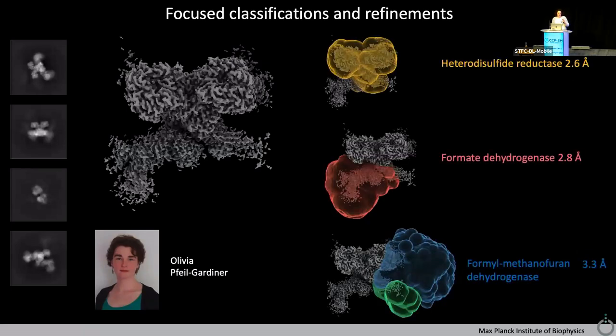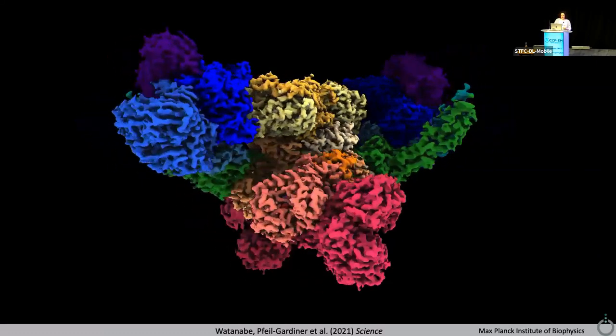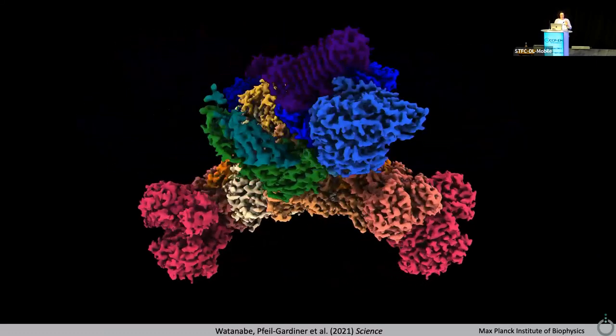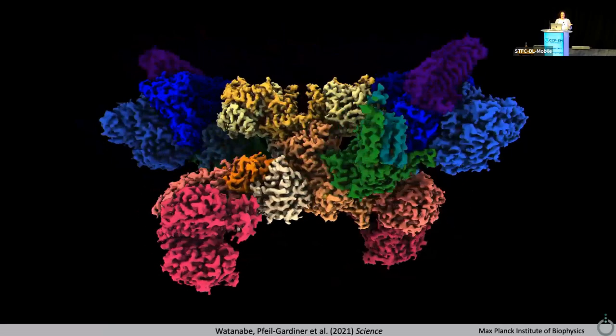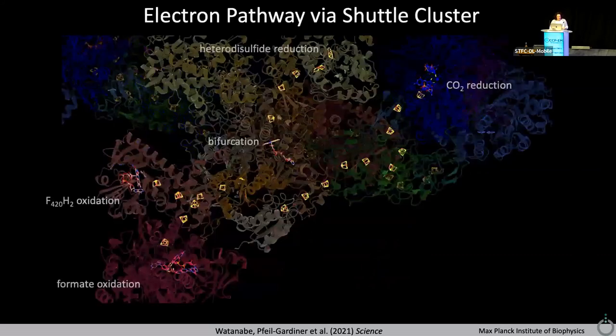But by quite a lot of masking, Olivia was able to eventually generate a composite map of the full complex. As you can see, well, maybe you can't see, but in this particular complex, we have basically a dimer. So we have two of every chain.